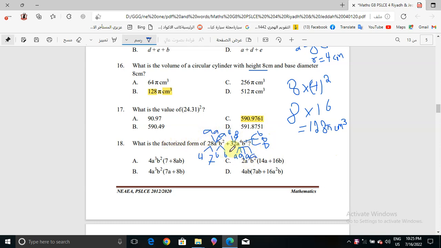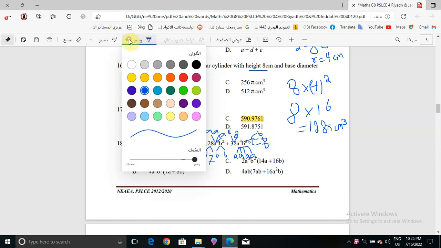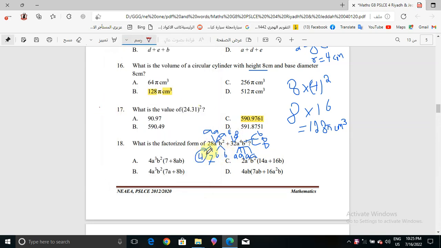That means we will take the common factor, which will be 4. We have 4 here, and we have 4 here also, so we will write 4.